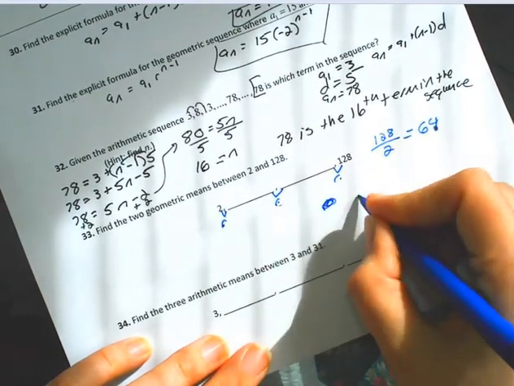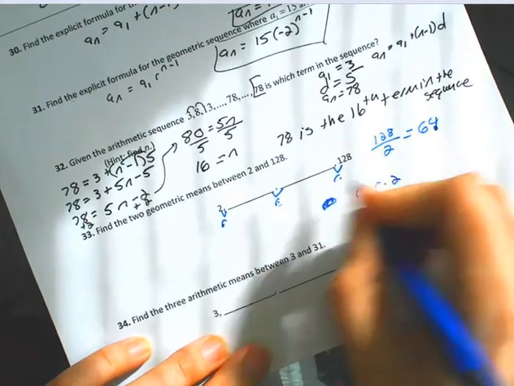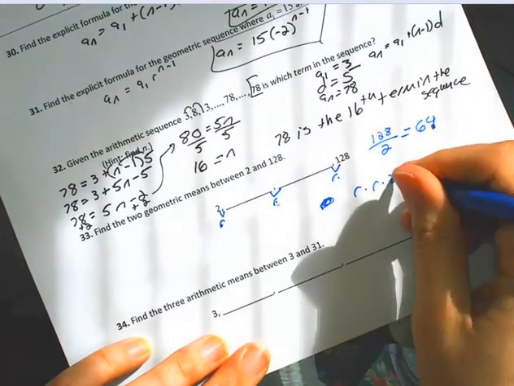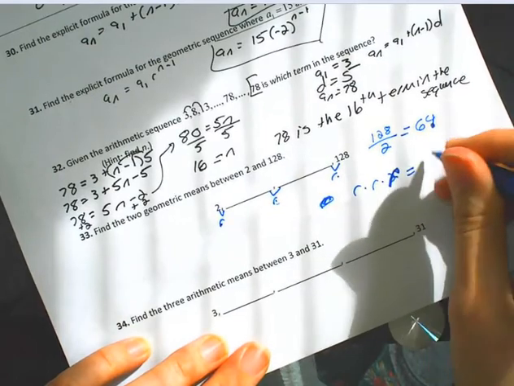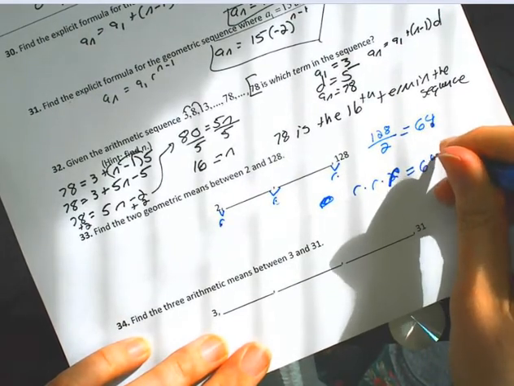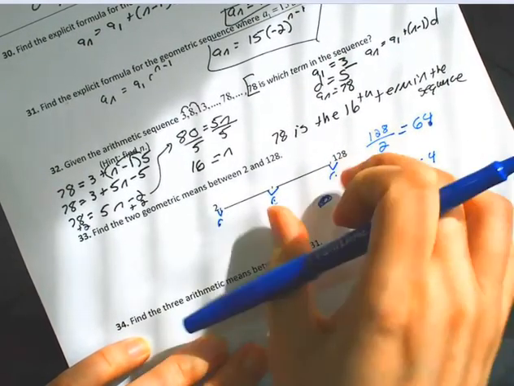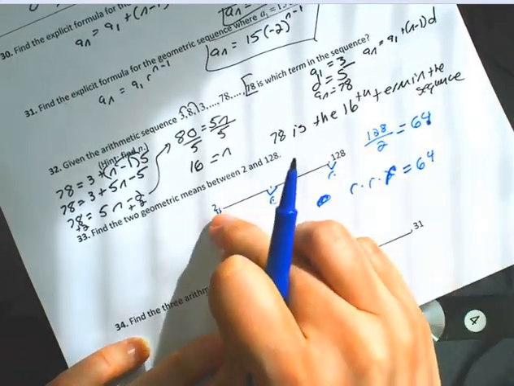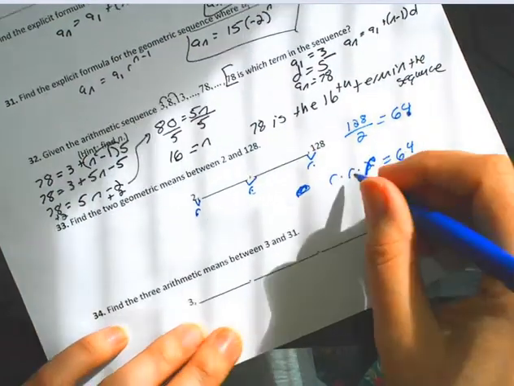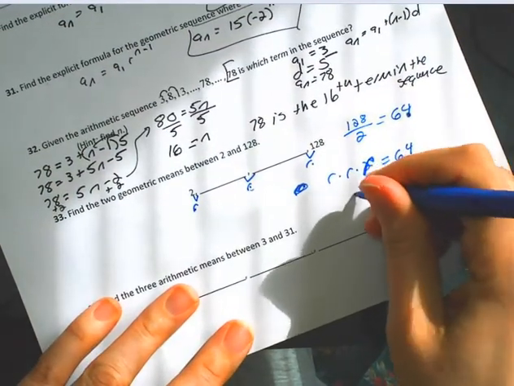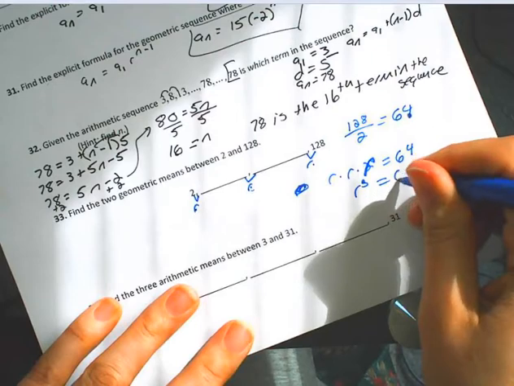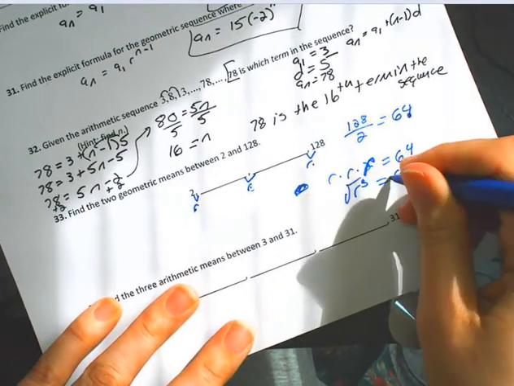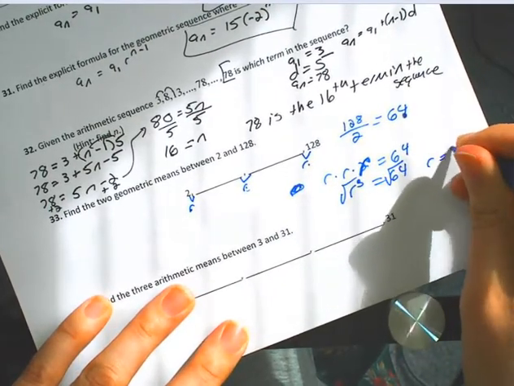R times R times R to get to 64. I'm dividing that 64 in between here evenly, because it has to be a common ratio. Well, R times R times R is R cubed. So if I take the cube root of both sides, I find that r equals 4.